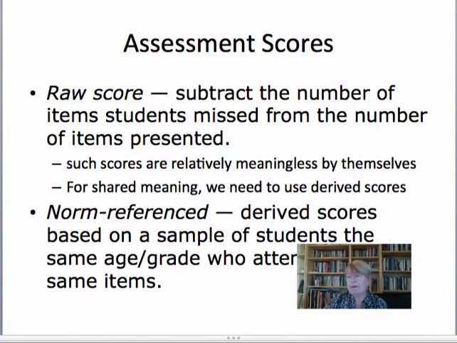But now I tell you that out of the group of students in the class that took the test, let's say there were 25 students in the class, out of the 25 students who took the test, most students got a score of 30. Now you're starting to compare yourself to other students and you're thinking, well, if most students got a score of 30, I don't look that good, comparatively speaking.